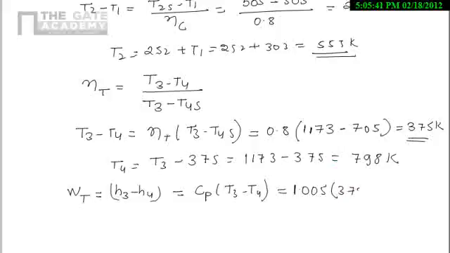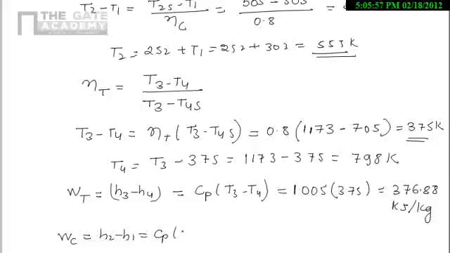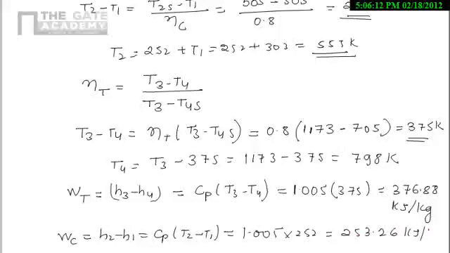So we will get 376.88 kilojoule per kg. Similarly, compression work, that is H2 minus H1, in terms of Cp (T2 minus T1) equals 1.005, and T2 minus T1 we have already calculated, that is 252. So we will get 253.26 kilojoule per kg.